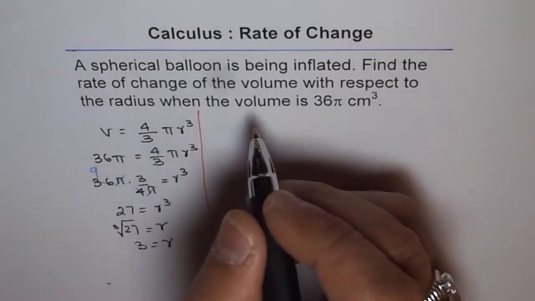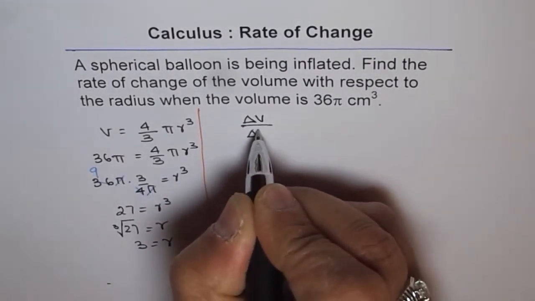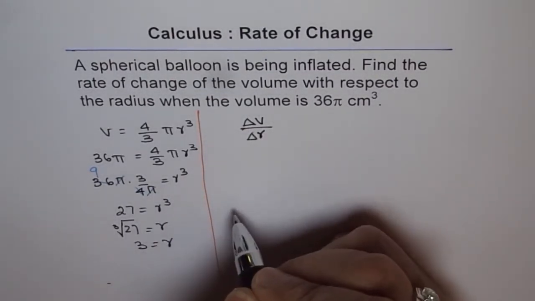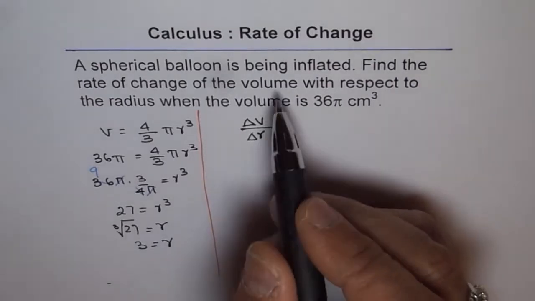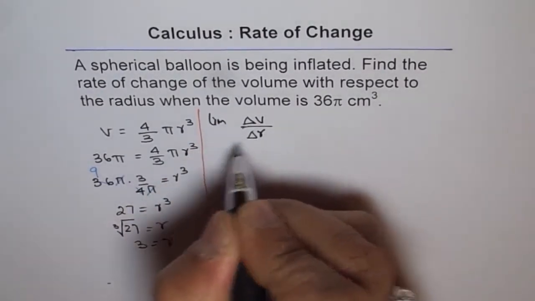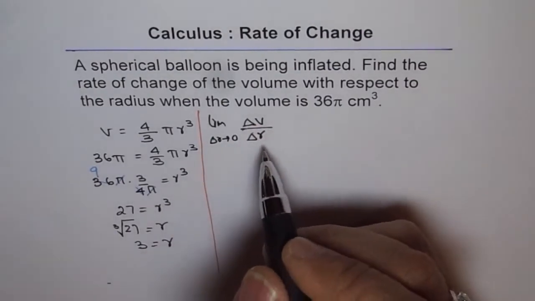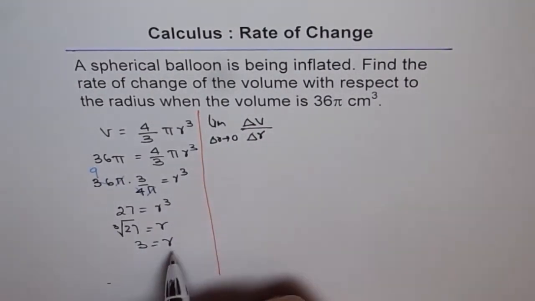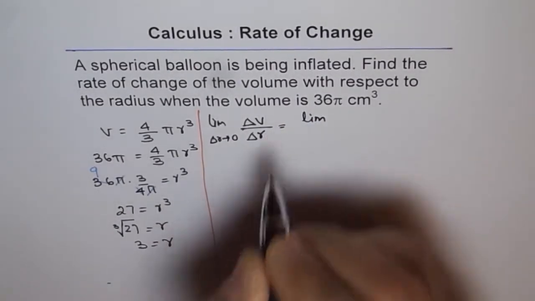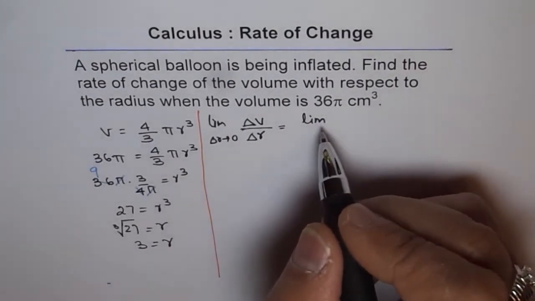Now instantaneous rate of change will be delta V, change in volume, over change in r, correct? So that is what the instantaneous rate of change is going to be of volume with respect to radius. And here the limit delta r should approach 0, correct? And we are looking for radius of 3 centimeters. So we can write this as limit when volume changes to, so what is the formula for volume?